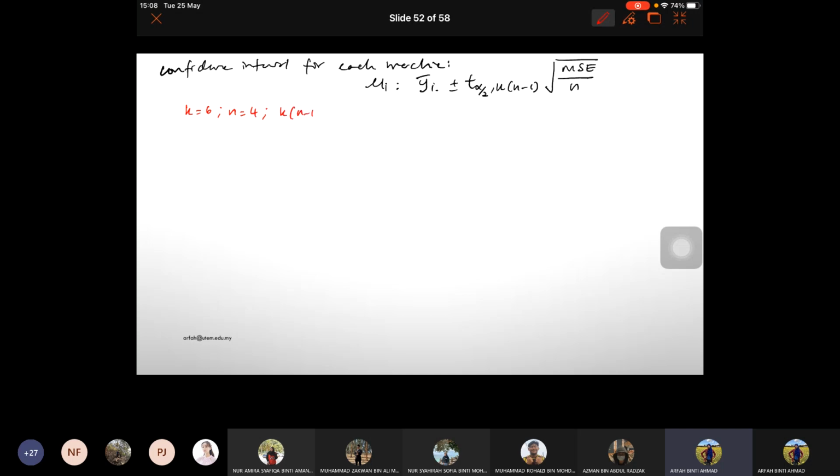So k darab n tolak 1 dapat berapa? 18. Okay. So alpha sama dengan 0.05. So t alpha per 2, k(n-1) sama dengan t 0.025, 18. So tengok dekat table of t distribution.